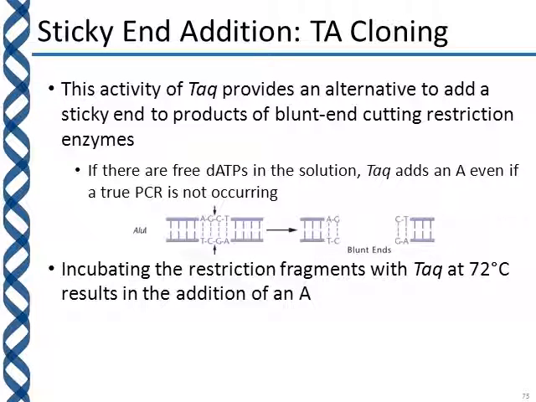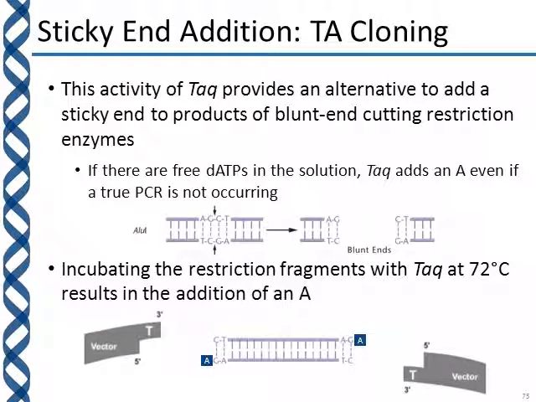Incubating the restriction fragments with Taq at 72 degrees results in the addition of an A at the 3' end. This can now attach to complementary T's on your vector.